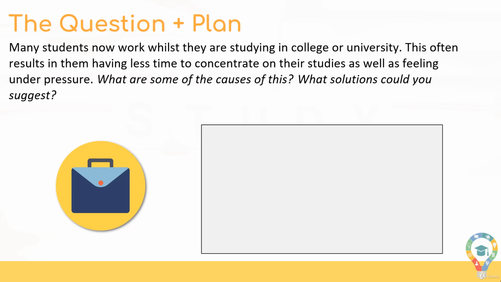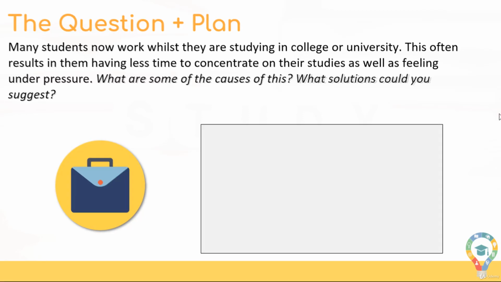So that's quite straightforward. I'm going to move on to writing my plan now, which is simply going to be a quick outline of what I will be doing in each body paragraph. Let's just look back to the question.